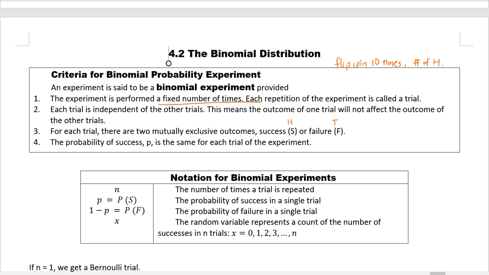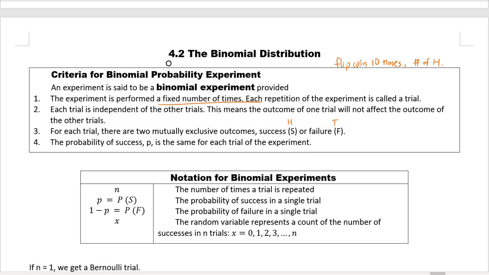Okay, and you can see each flip is independent of each other. Fourth, the probability of success, P, is the same for each trial of the experiment. Because we're flipping the same coin, that's why the probability of getting head is the same in different trials.